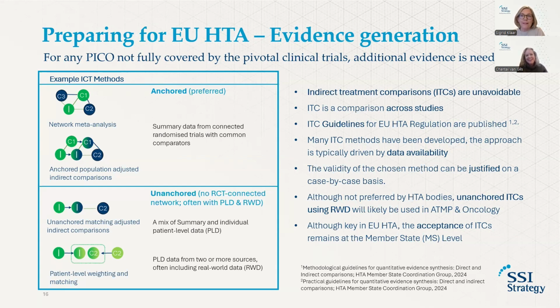Let's say that. Yeah, and as you say, in these areas, rare indications in oncology, many are approved based on single arm trials. So you don't have an RCT available. So that's why you will likely find yourself automatically in a situation where unanchored will be needed. Absolutely. And when you think about acceptance, so sorry, Sigrid, go ahead.